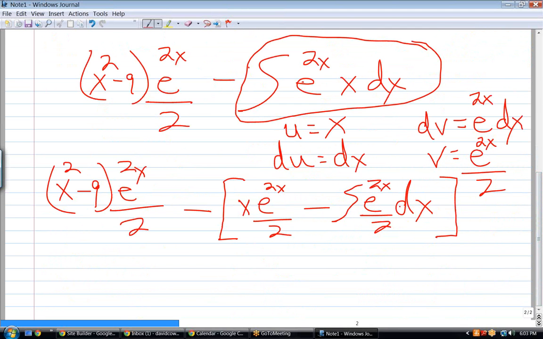Now we know how to do that integral. So what is that integral? Well, okay, so that is... If it helps, you can remove that 2 by taking it outside the integral as a 1/2.